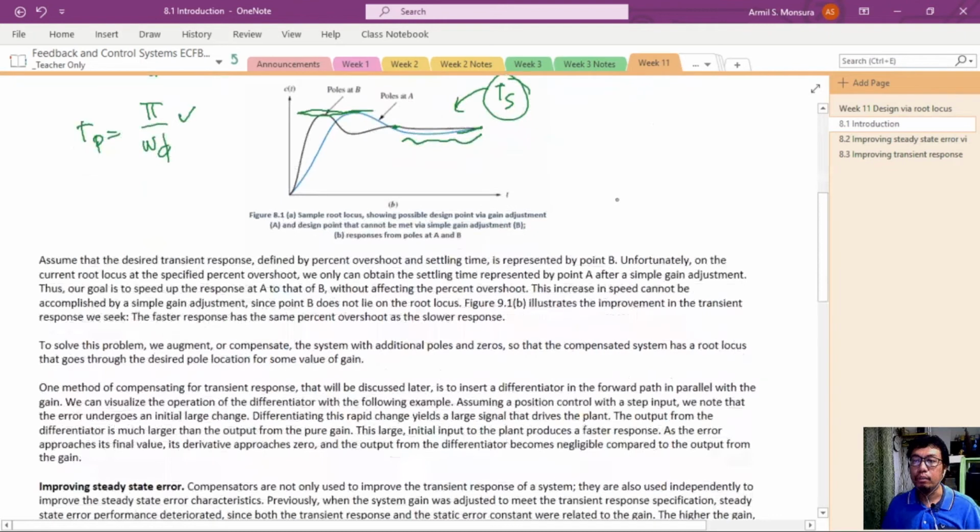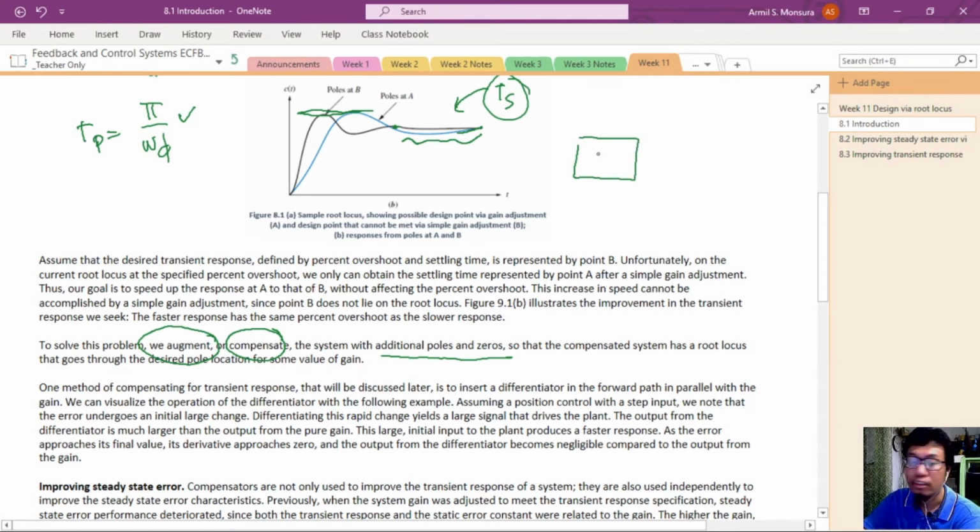Okay? So, what we do is we augment or compensate the system with additional poles and zeros. Okay? So what we will do is we will add open loop poles and open loop zeros sa ating system. Okay? So yung open loop poles at saka open loop zeros na yun, doon manggagaling yun sa controller natin.